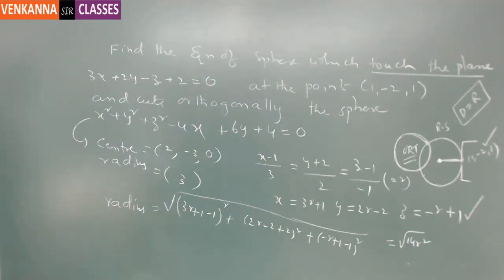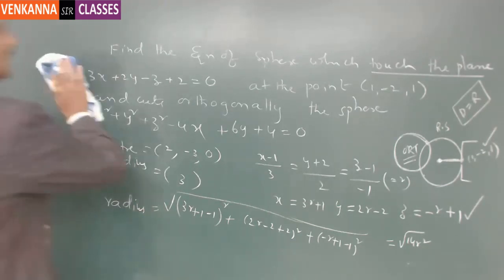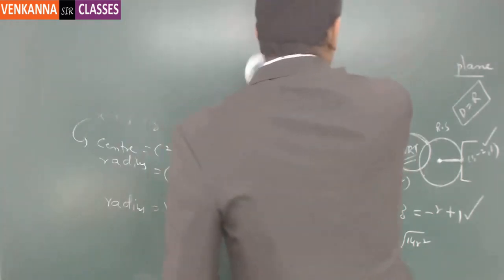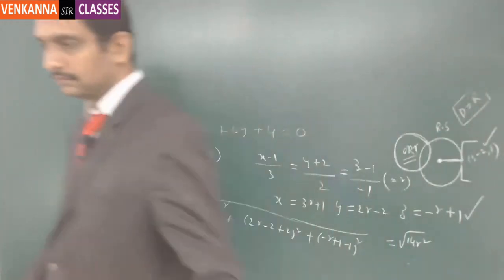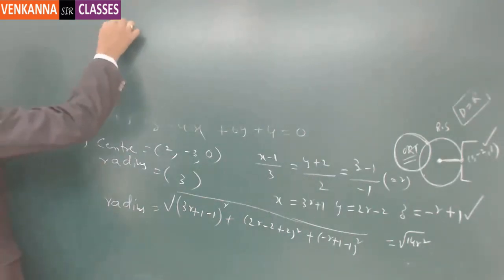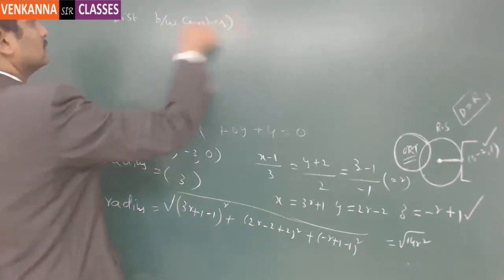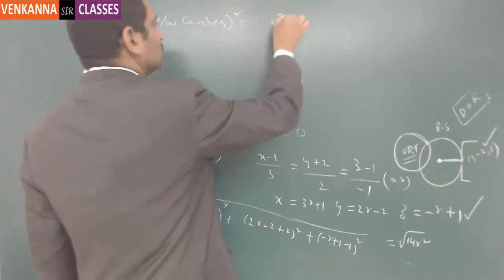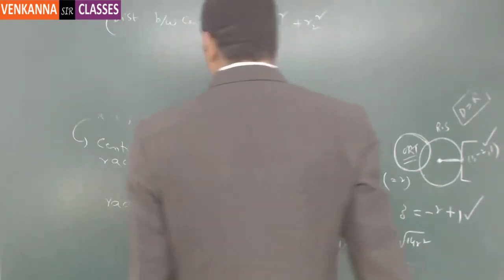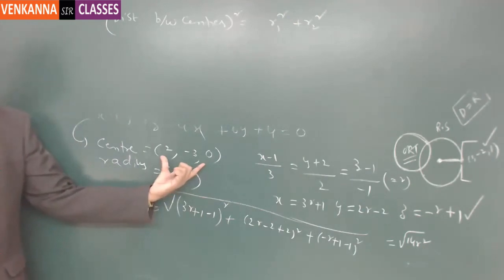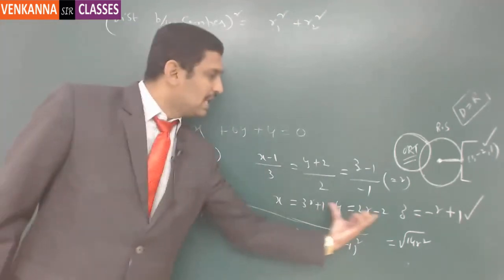Now let us use the final condition to determine r. Since the two spheres are intersecting orthogonally, the general thing is distance between centers is equal to radius square plus radius square. So this is one center of the sphere, this is the other center of the sphere.